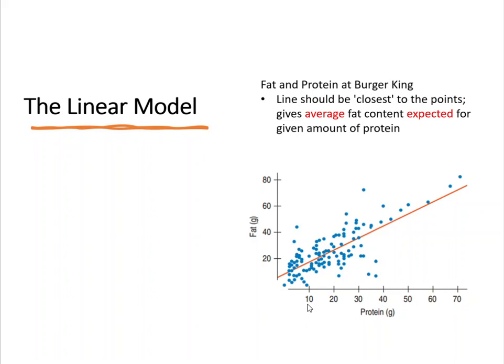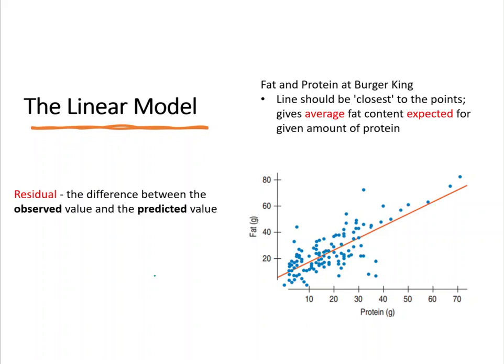Now, you'll notice that there are a lot of dots on our scatter plot that obviously don't line up on this straight line. So we want to talk for just a moment about residuals. A residual is the difference between our observed value, the actual value, and the predicted value, what we predict using our function or our model.